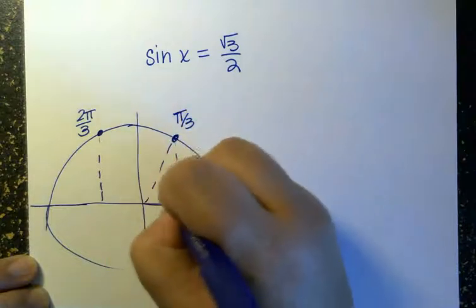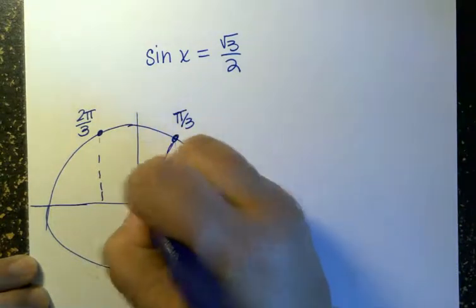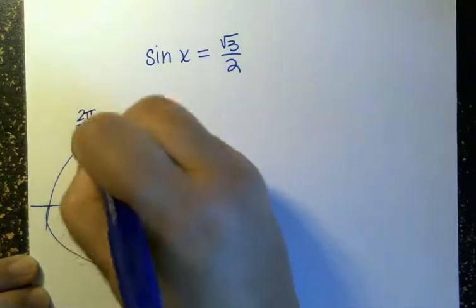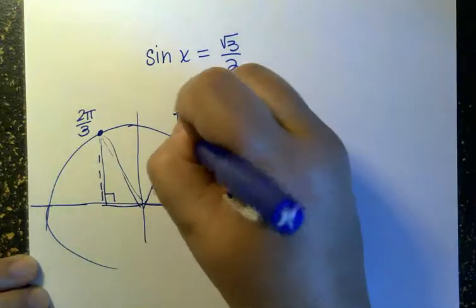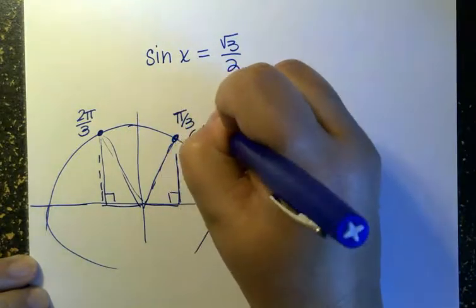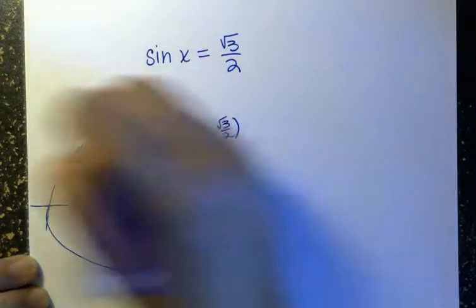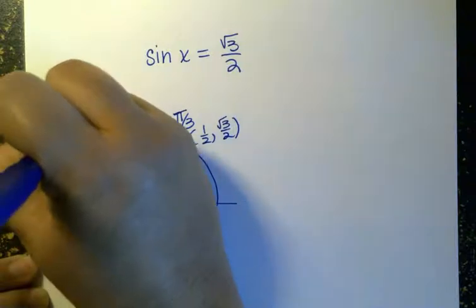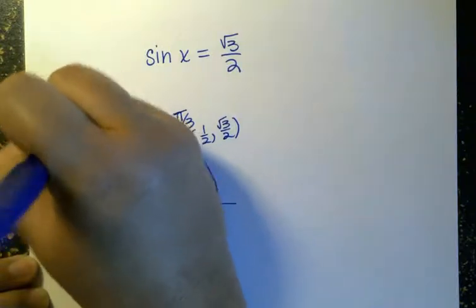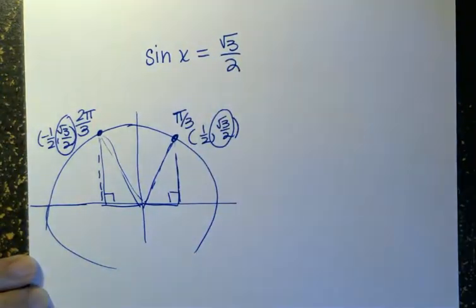If we think about that 30, 60, 90 triangle, here it is. The coordinates for this point are 1/2, root 3 over 2, and negative 1/2, root 3 over 2 over here. And remember, your sine value is your y value. So those are the two locations I can think of on the unit circle where the sine has a value of square root of 3 over 2.